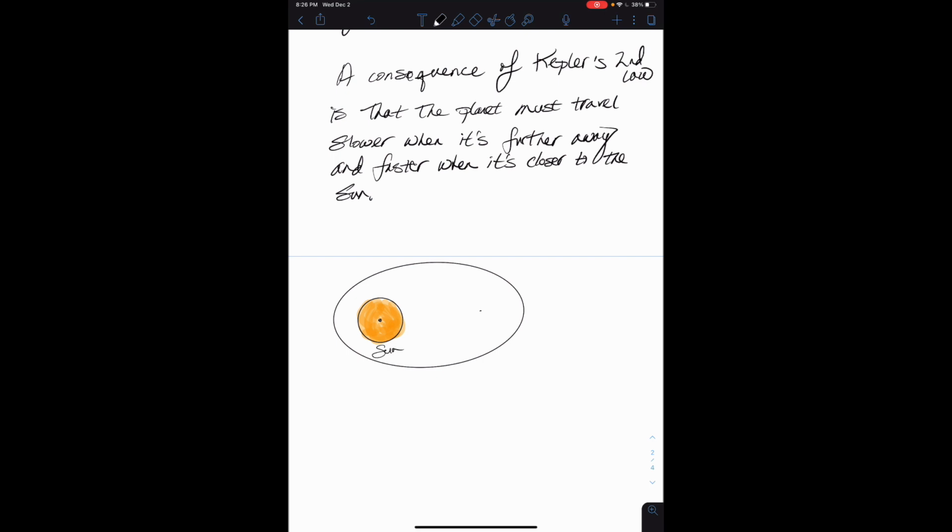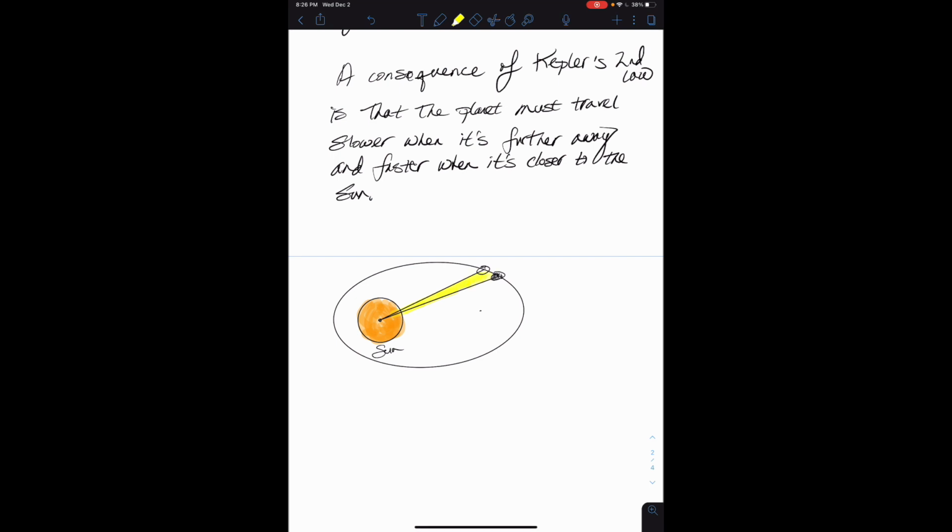And when the planet is, say, out here, and it travels to this distance right here, it's going to sweep out this area right here, which I'm going to go ahead and color. I think I used yellow last time. Let's go ahead and stay with that.